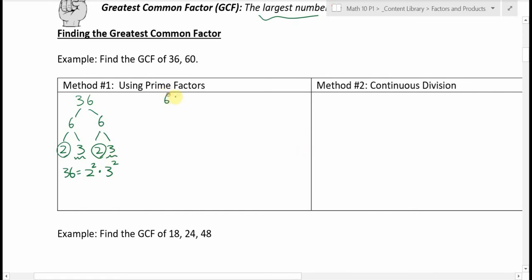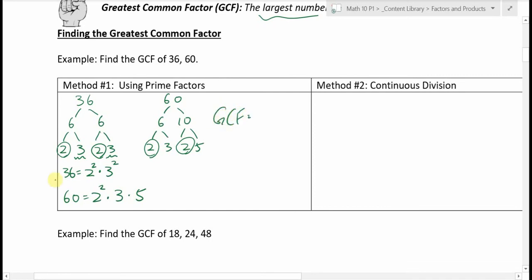Right? You have two 2's and then two 3's. And you're going to be doing the same thing for 60. 60 is 6 times 10, which then can be broken into 2 times 3 and 2 times 5. So 60 is equal to two 2's, so 2 squared times one 3 times one 5. So the greatest common factor is simply you look at these two and you look for what they have in common.